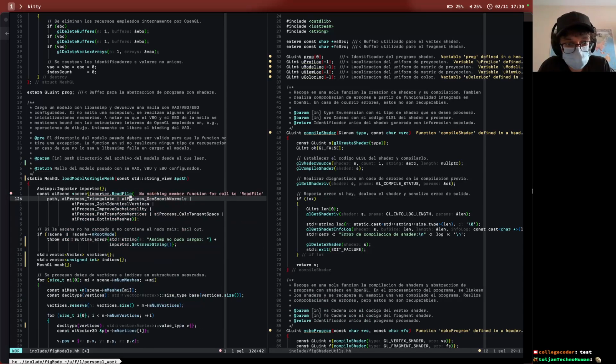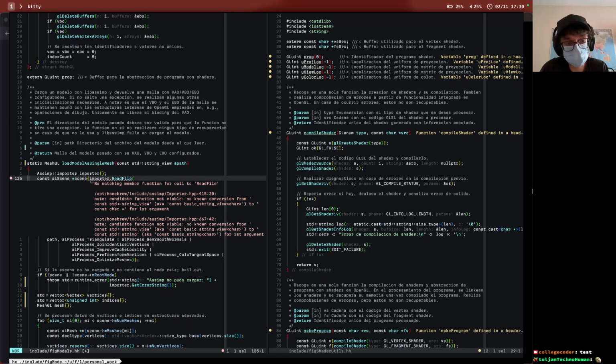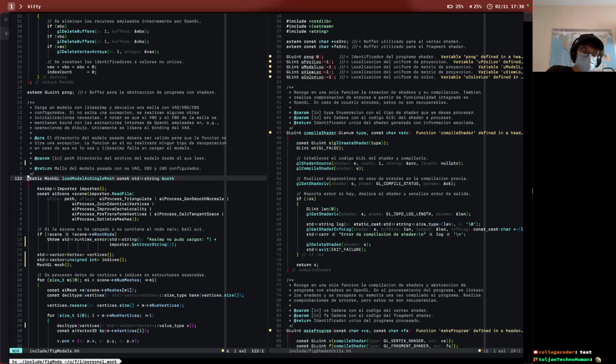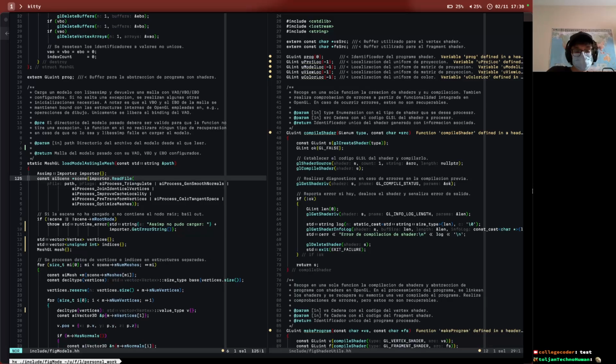So of course, I can't pass a string view and expect it to use a constant character pointer, because it's already sort of like a view to a string which has an underlying constant character pointer. Yeah, it's going to have to stay const standard string. Path by value, so sort of acting like a string view. At the end of the day, we only use it as a path.